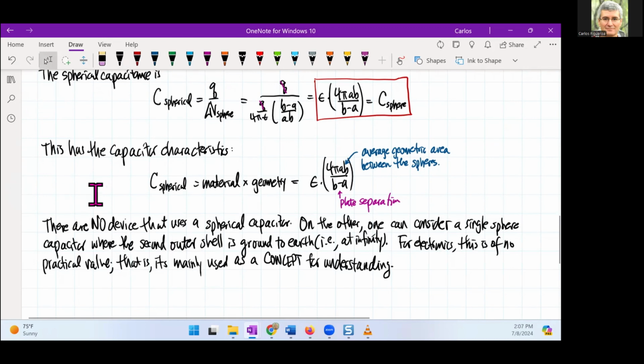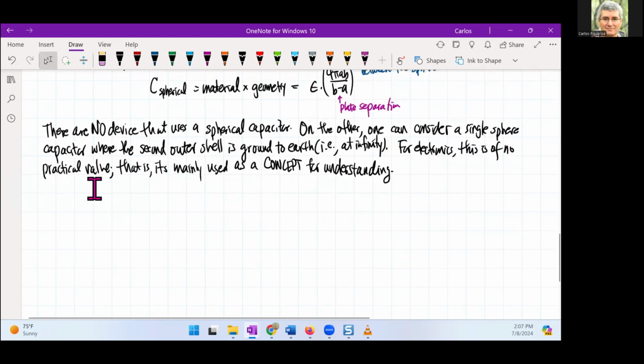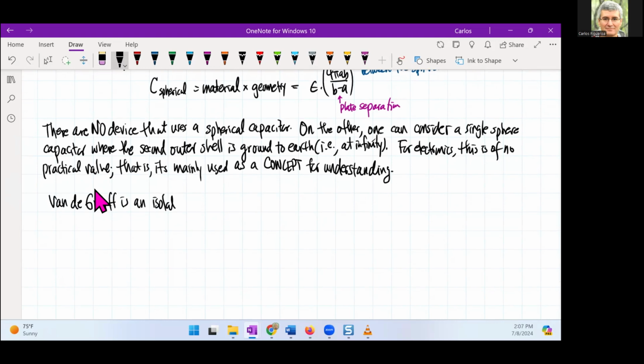So one example would be the Van de Graaff. We could say that the Van de Graaff is an isolated spherical capacitor. And the way we look at it is this way.